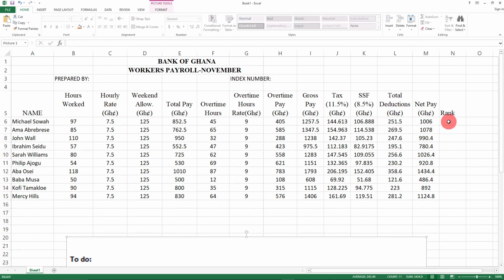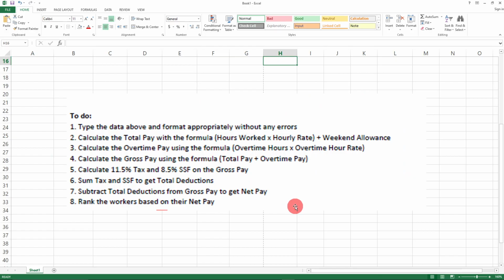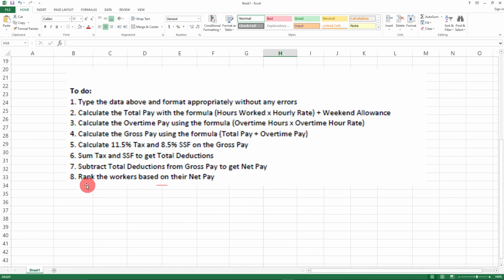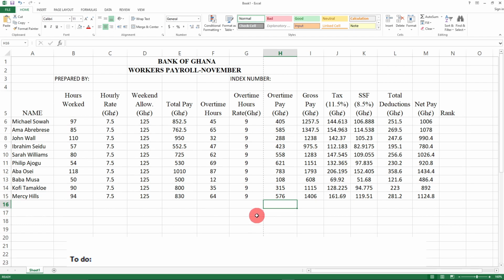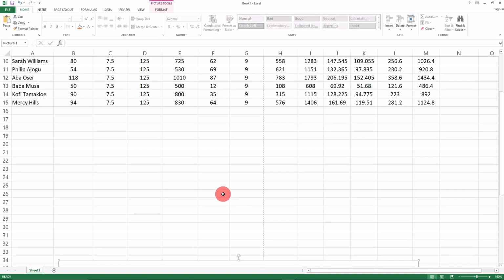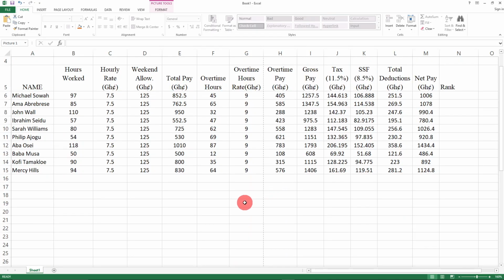All right, so now let's do the last one, which is the rank. The last one says rank the workers based on their net pay. So let's do the ranking, and for the ranking, we are going to use a formula.